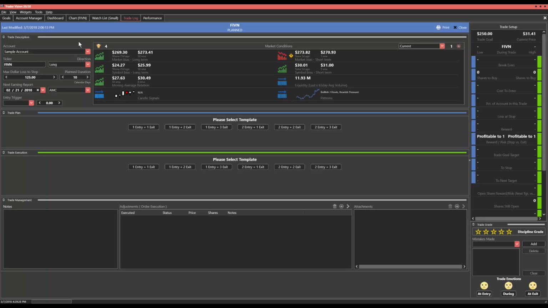Basically, it provides you everything you need to validate, plan, and then execute a trade, logging all that information, including things such as your notes, all the adjustments you've made, attachments such as chart images or spreadsheets or PDFs or whatever. So let's just go through one here and look at it.